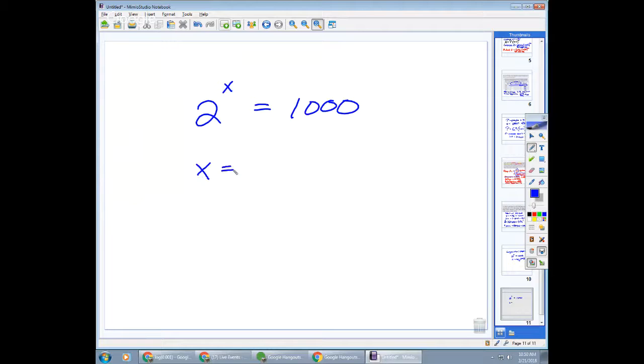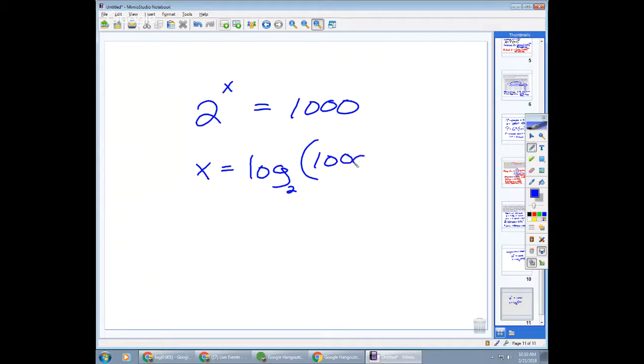What does x have to equal? It's a log, because it is the power. Power equals a log. What's the base of this logarithm? What's the base of the exponent? 2. So the 2 just slides underneath right there. And then I put a parentheses and I write my target. What's my target? 1,000.